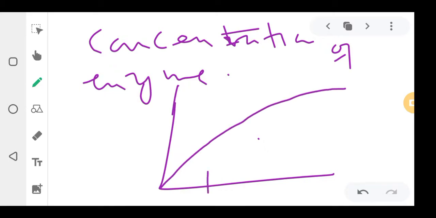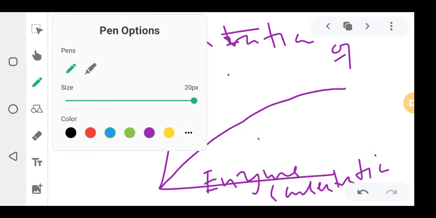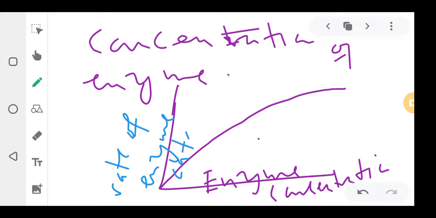So this side is enzyme concentration, and this side is the rate of enzyme catalyzed reaction.